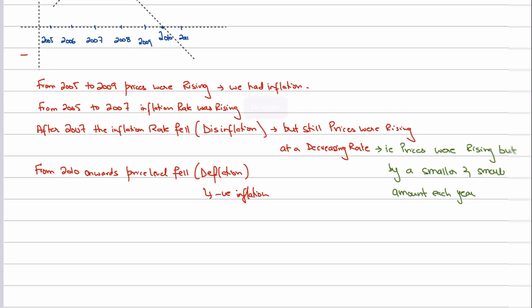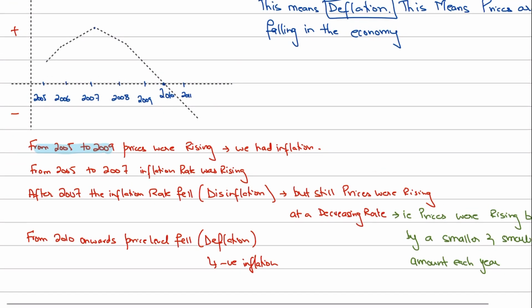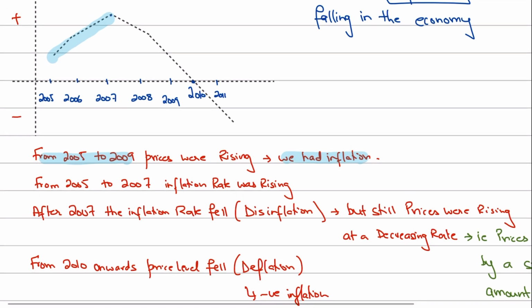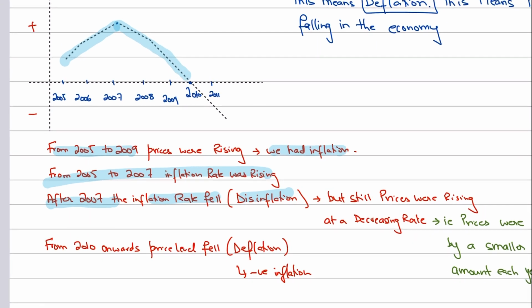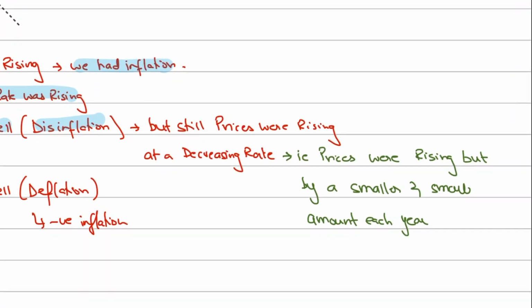That's exactly what I've written over here as well, that from 2005 to 2009, prices were rising. We had inflation. From 2005 to 2007, the inflation rate was rising as well, right? And after 2007, the inflation rate fell. There was disinflation up till 2010, right?